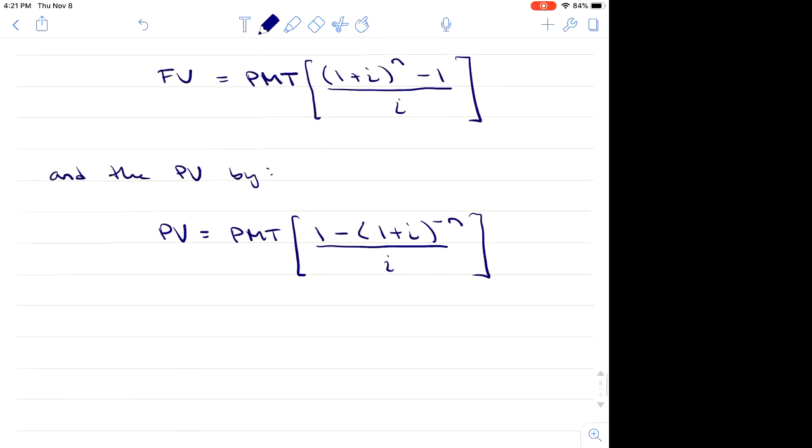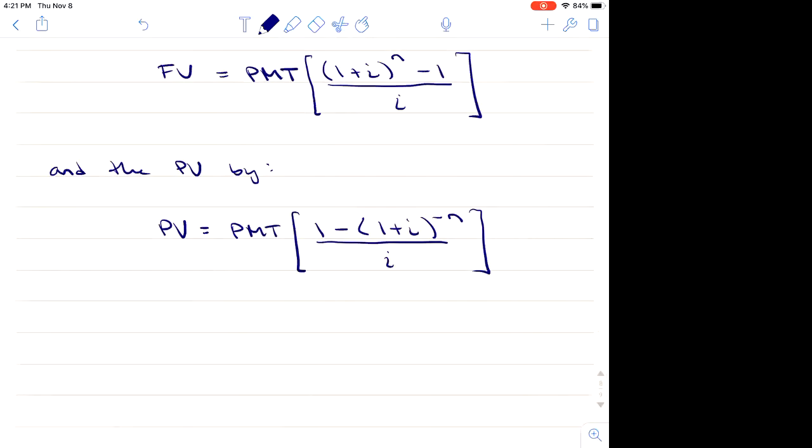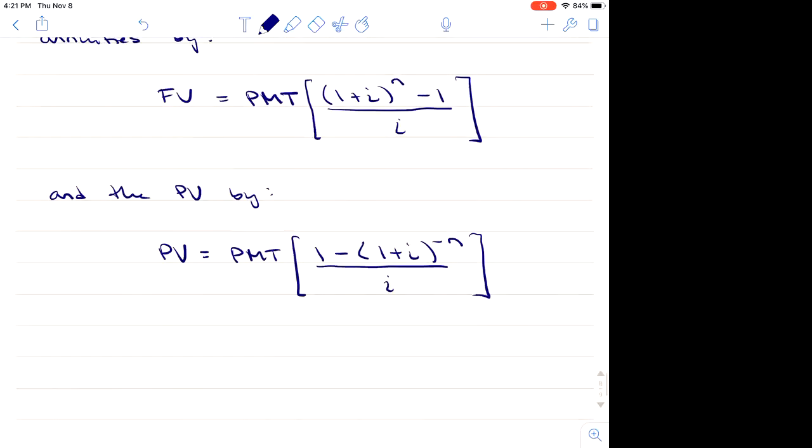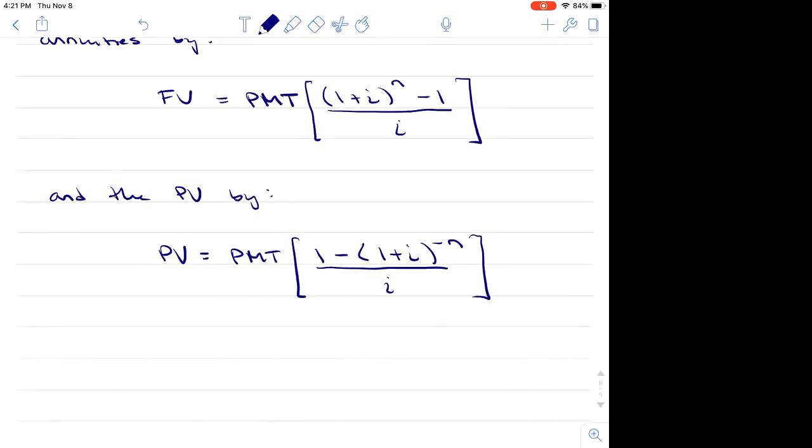So I'll just make a note here. Depending on if we want to know something about the future value or the present value, we'll have to pick the right formula. Picking the wrong formula and applying it could be bad news.